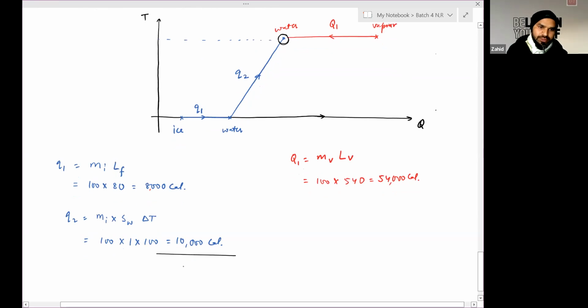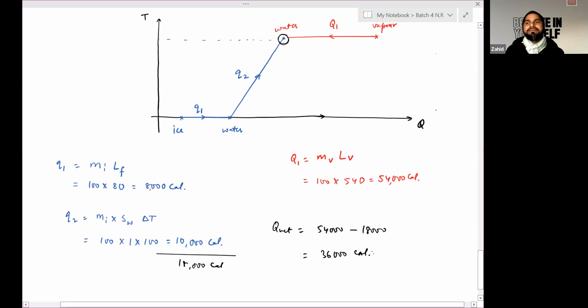If you add these two terms, you will get 18,000 calorie, and we have 54,000 calorie heat energy. So this 18,000 calorie will be cold energy and 54,000 calorie heat energy. If you subtract these two terms, you get the net amount of heat energy left out in this particular system after this arrangement. So Q net will be equals to 54,000 minus 18,000. So it will be 36,000 calorie.